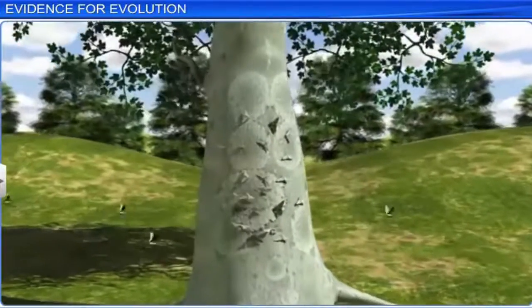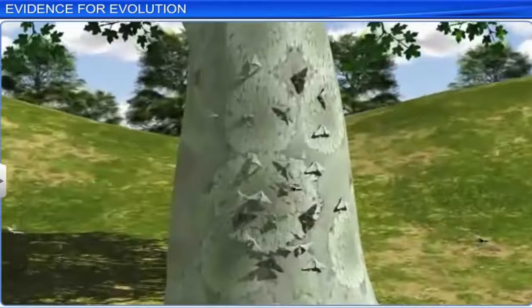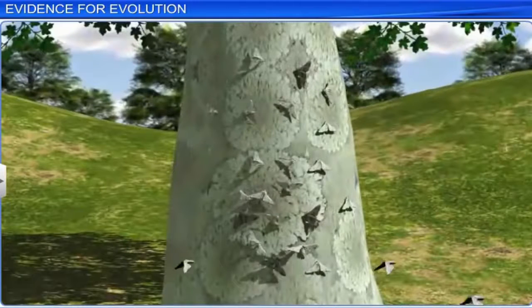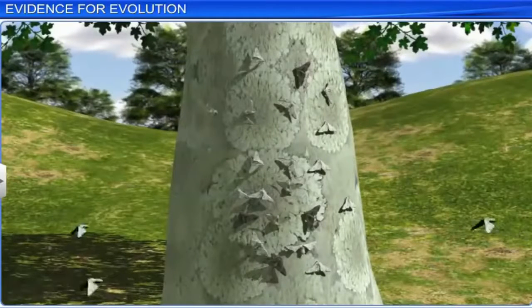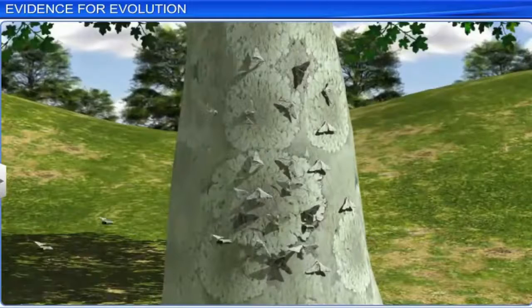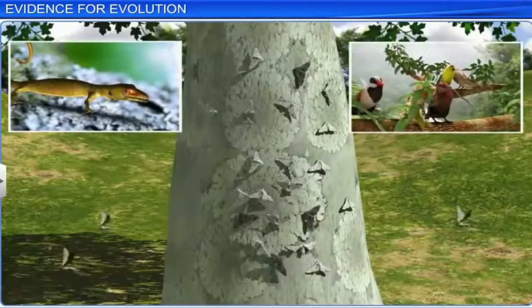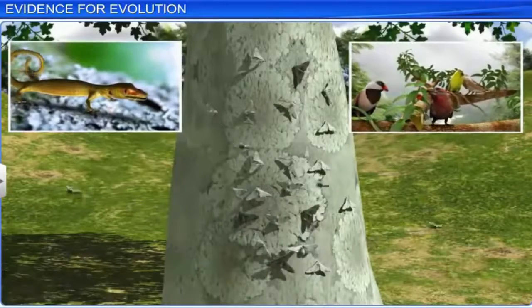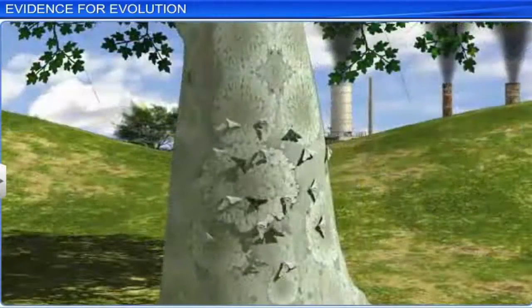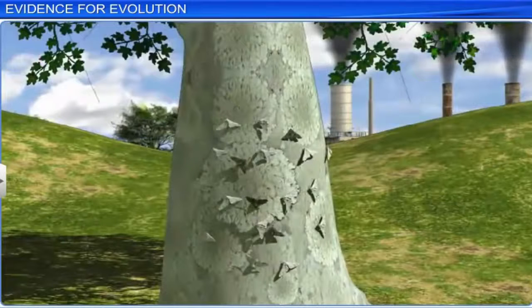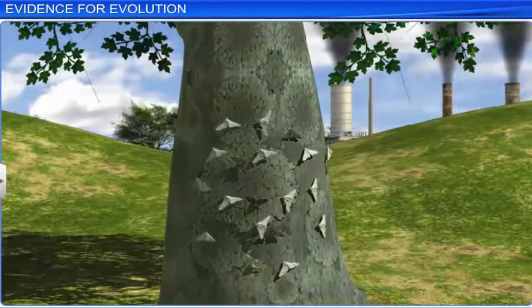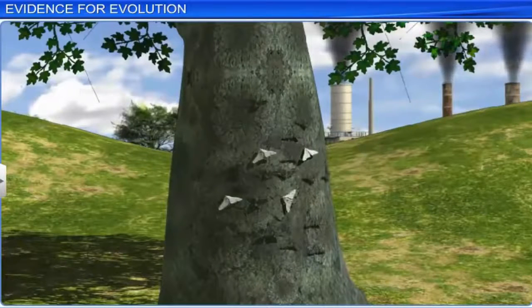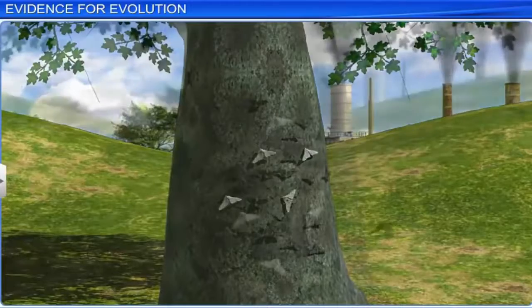The reason cited for this reverse proportion of moths was that before industrialization, the barks of trees were covered with white lichen, which camouflaged the white-winged moth and exposed the dark-winged moth to predators. After industrialization, however, the lichen died due to pollution, and the barks of the trees became black due to smoke and soot.